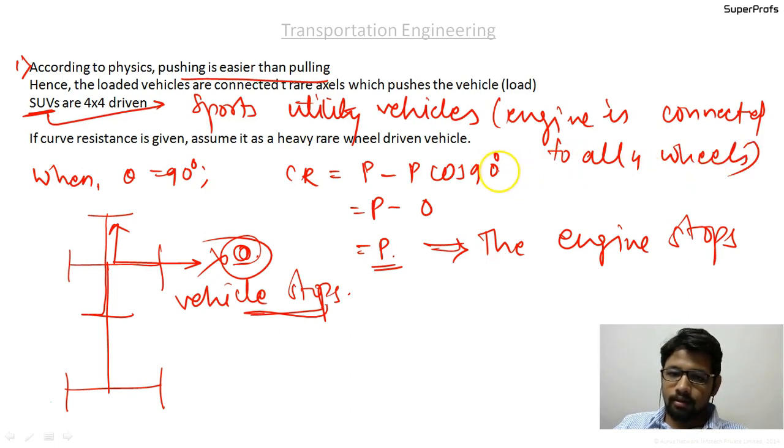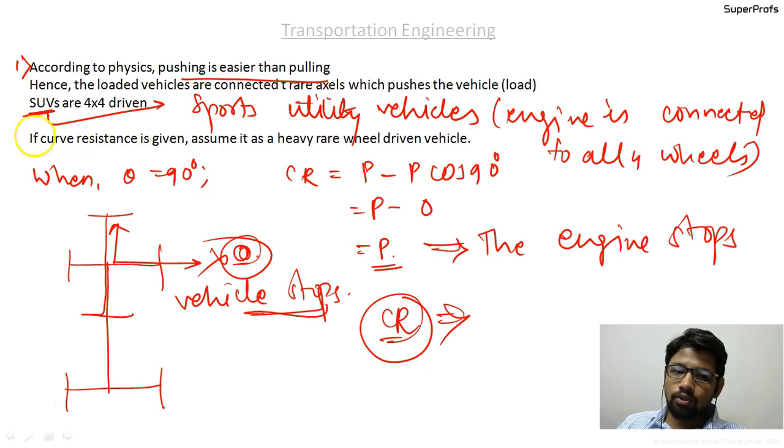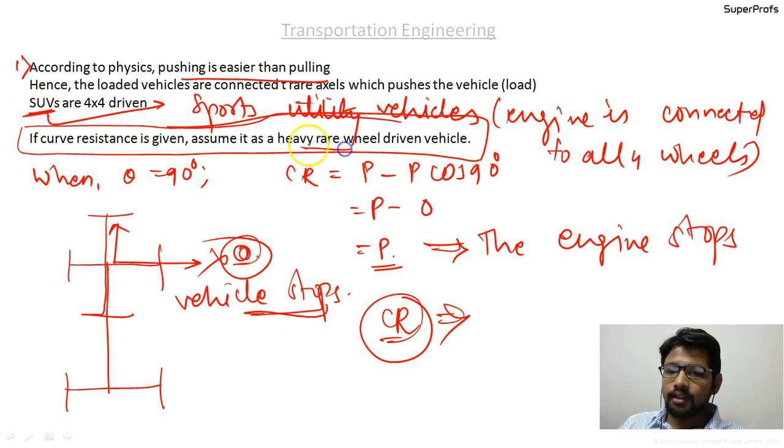Okay, so it is clear to you all now that this term curve resistance is applicable only and only to the rear wheel driven vehicles. And for front wheel driven vehicles the curve resistance is equal to 0. So whenever the curve resistance is given, assume that the vehicle is a heavy rear wheel driven vehicle.